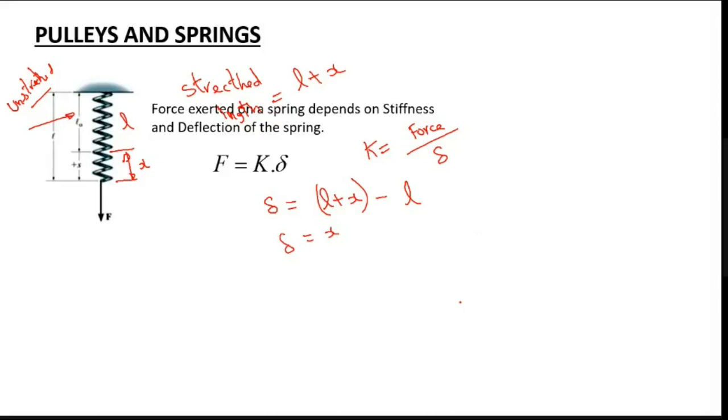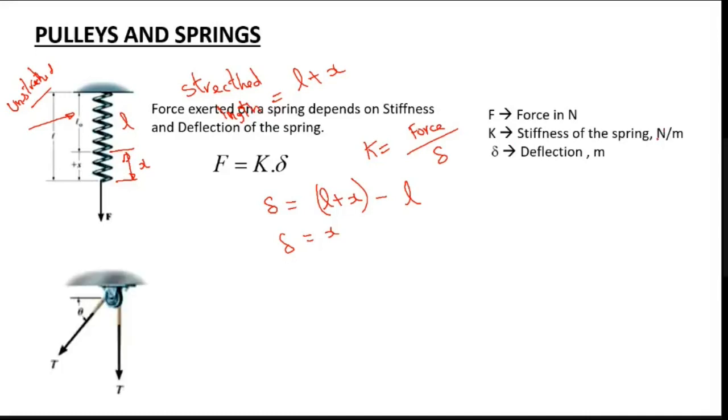So this is the formula you have to use for a spring: stiffness of the spring is equal to force divided by deflection, or deformation, where deformation is stretched length minus unstretched length. The unit of the stiffness is Newton per meter. The next one is the pulley.